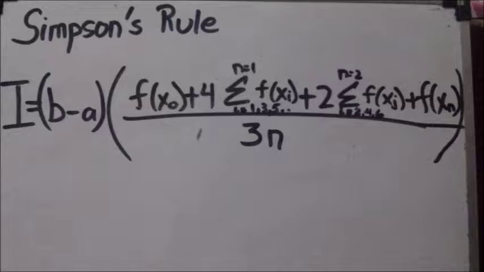The summation of f(x sub i) will be over the odd step size values, and the summation of f(x sub j) will be over the values in even step size.